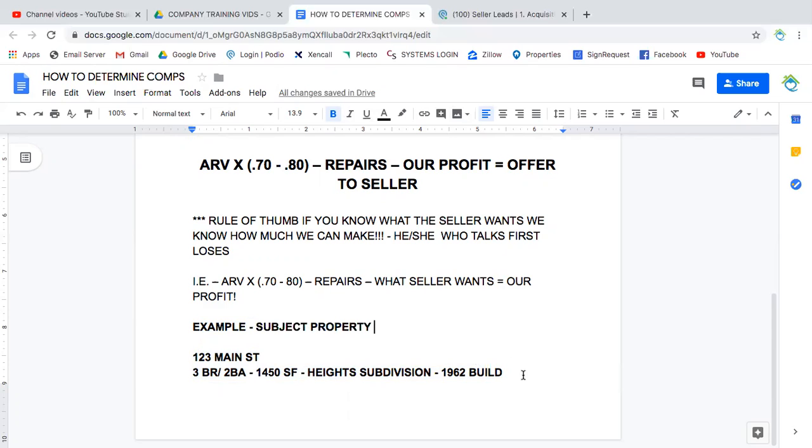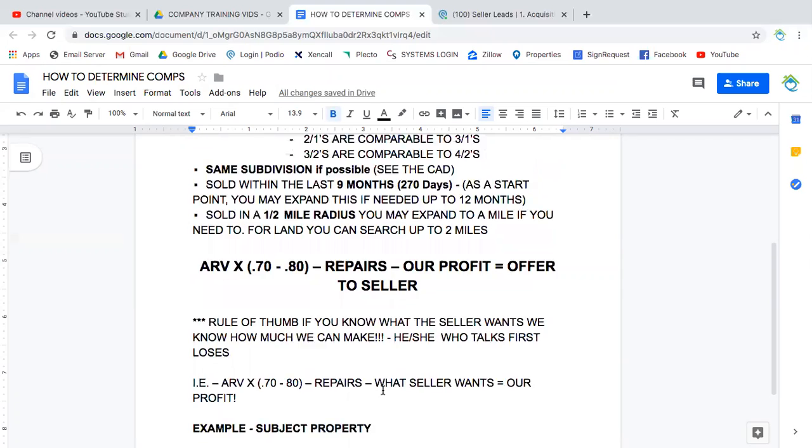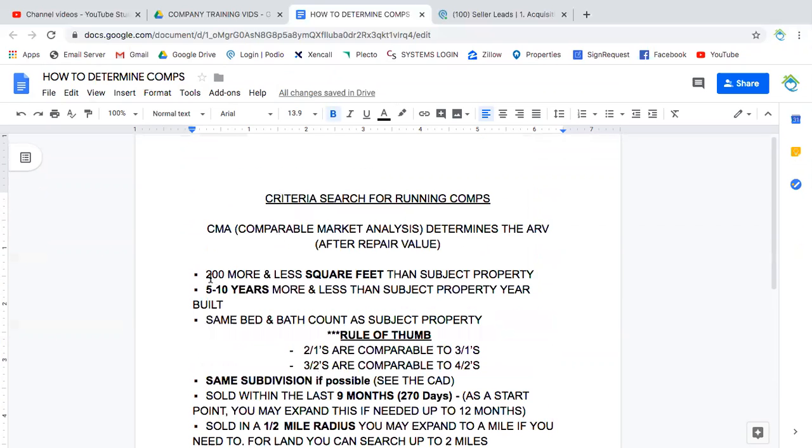If I have this property, and I know it's a 3-bedroom, 2-bath, 1,450 square feet, in Heights subdivision, a 1962 build, we want to search our comps all the way up to 200 more square feet than the subject property, and 200 less.